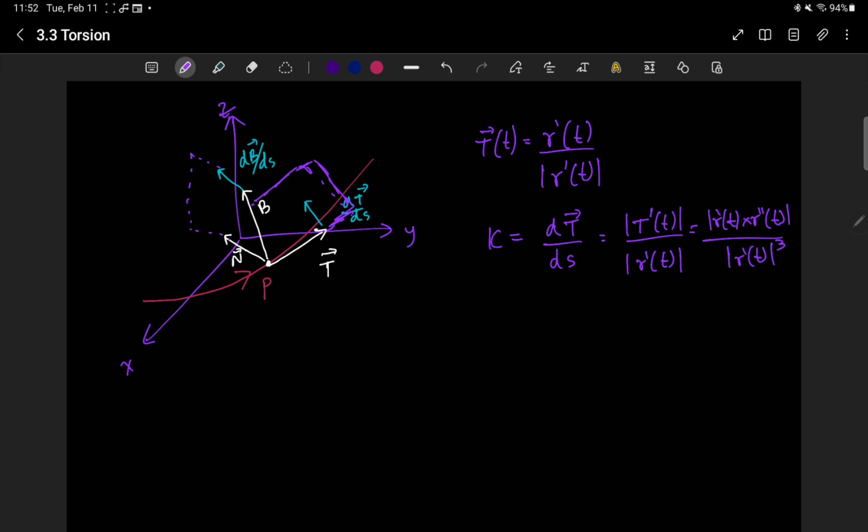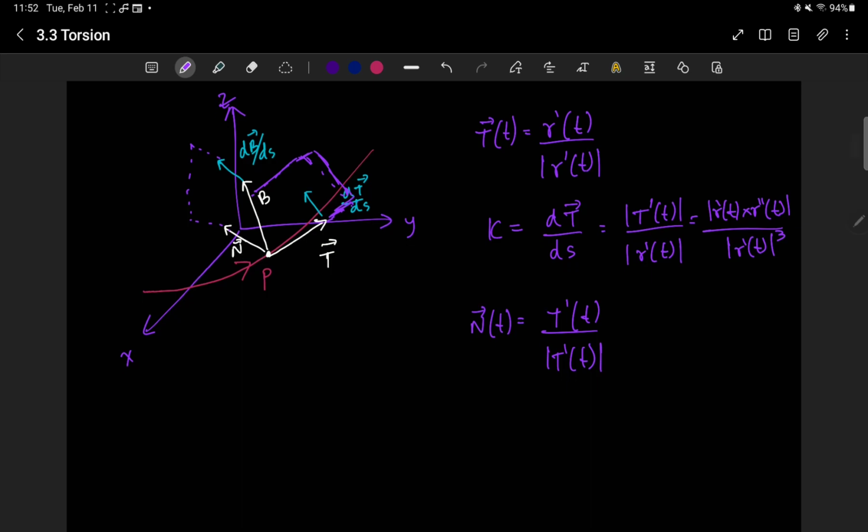Then, using the tangent, we define the normal vector, which is the unit vector in the direction of the rate of change of the tangent. This normal vector points inward as shown here with N, and is normal to the tangent.